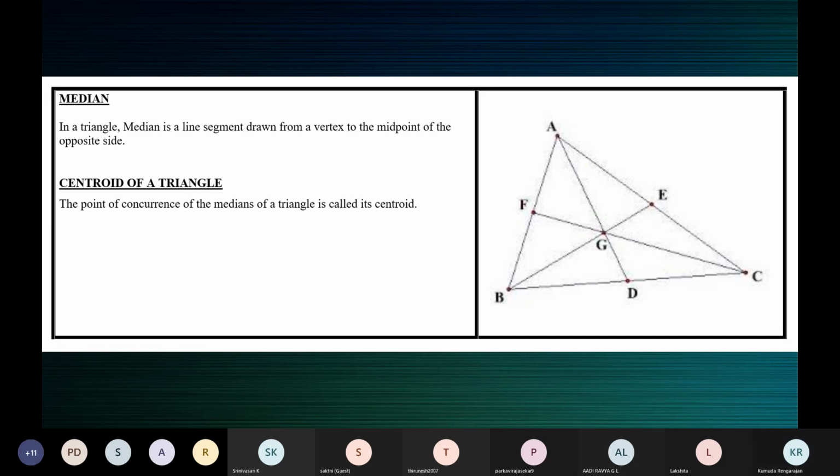Incenter: point of concurrence of the angular bisectors. Circumcenter: point of concurrence of the perpendicular bisectors of the three sides of the triangle.